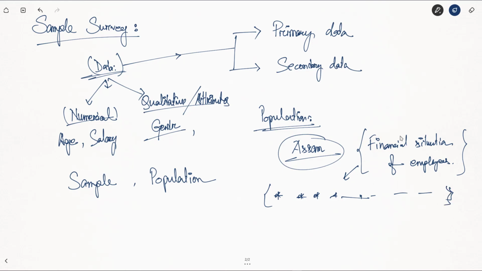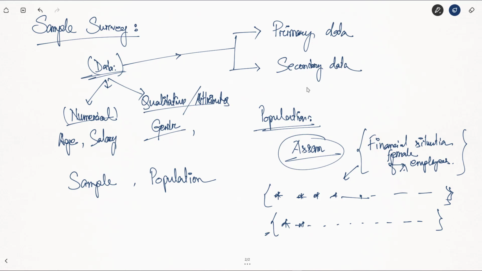Now if my study objective changes, now if I am interested in the financial situation of male employees, as soon as I impose another condition into my study objectives, my population will automatically change. Now all the female employees of Assam will be eliminated. Now if someone's interest is on the financial situation of female employees, then all the male employees will be eliminated from the population. Every female worker or employee in the geographical location of Assam will be called the population, right?